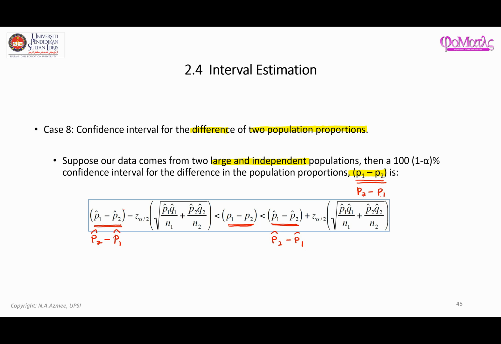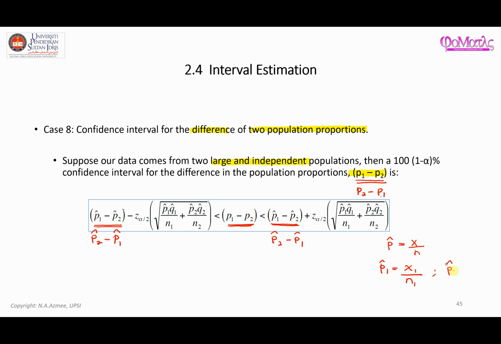Recall what P hat is. P hat is x over n, where x is the number of successes, the number of subjects that has the attribute that you're looking for. P hat 1 is just the number of successes in group 1 over the sample size in that particular group.